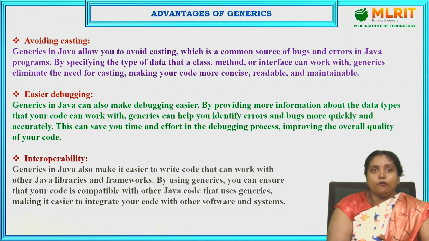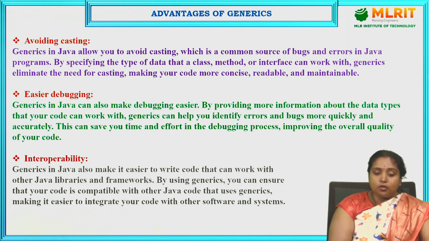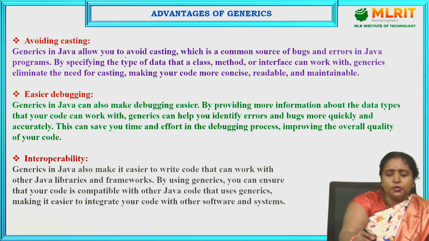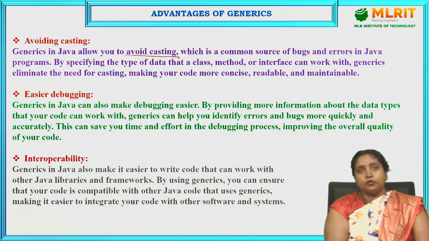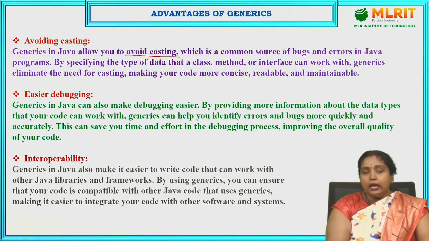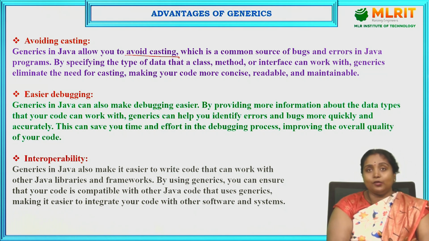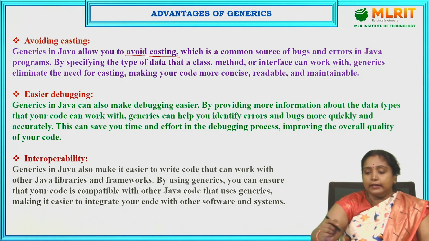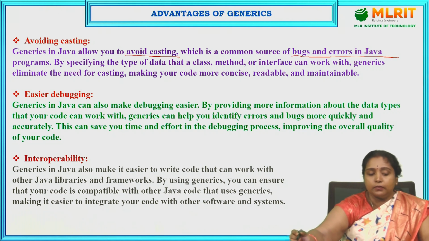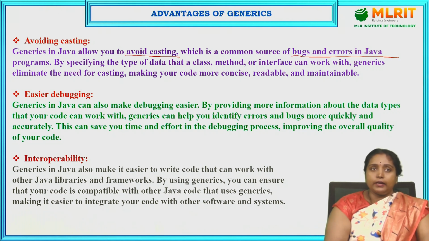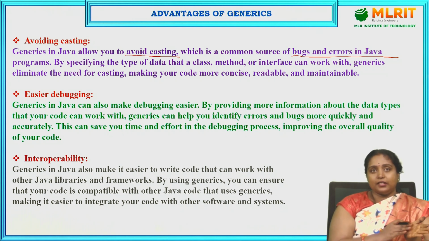And avoiding casting. This is used to allow you to avoid casting, which is a main source of bugs in Java. So if I have created data, I am casting from one data type to another data type.